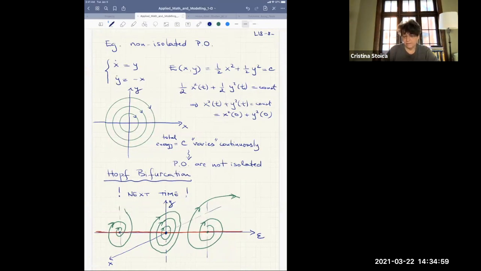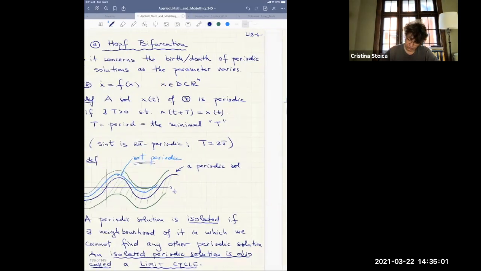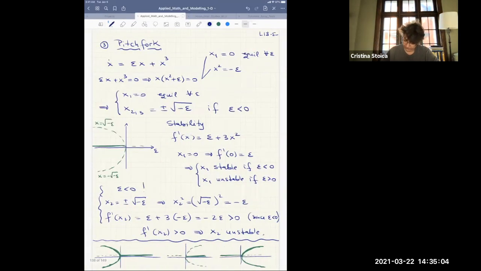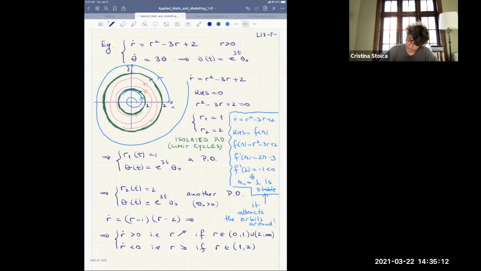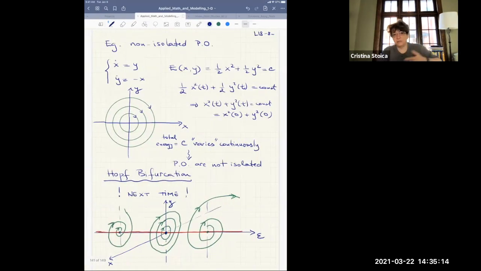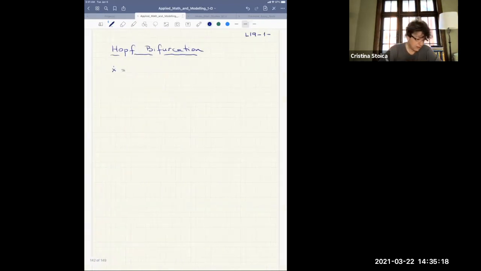It's not like the other bifurcations where we had just X and the parameter epsilon. Here, for the Hopf bifurcation, we need two axes to see it, X and Y. So this means we have a system in 2 dimensions.